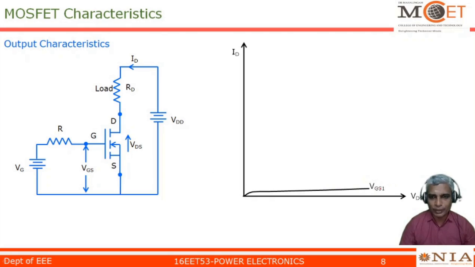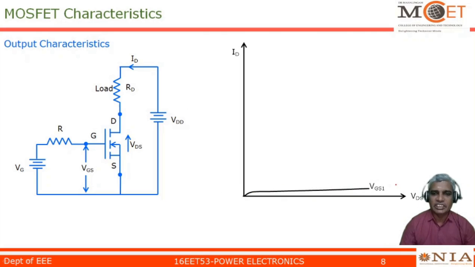Fix VGS to 1 volt, vary the VDD, find out the voltage across drain and source and observe the current. Till some point the current is very less, it increases, and then it becomes constant.